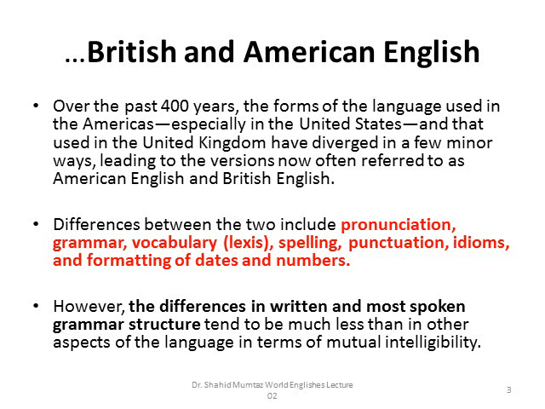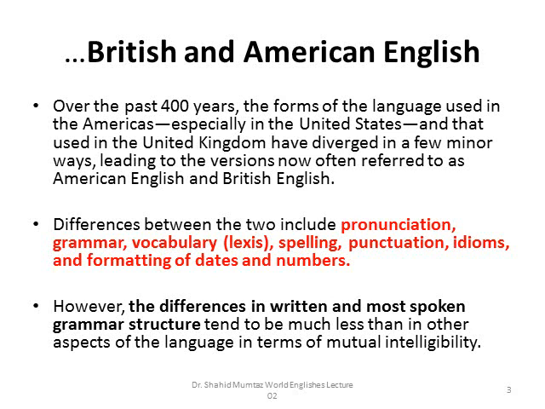Differences between the two versions of English include pronunciation, grammar, vocabulary, which is known as lexis, spelling, punctuation, idioms, and formatting of dates and numbers. So these are some of the main areas where you can see difference between British English and American English.